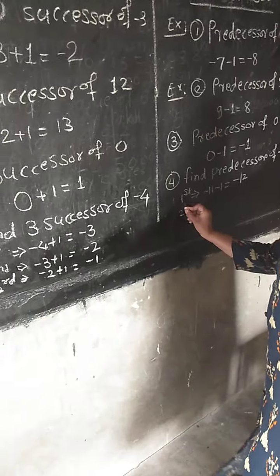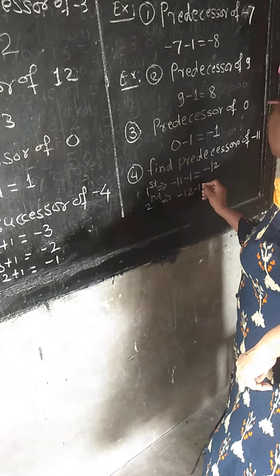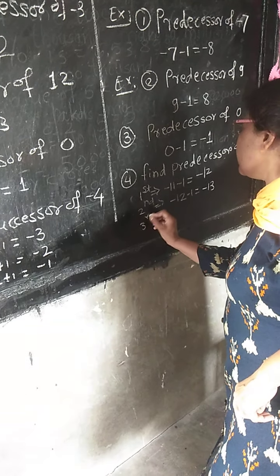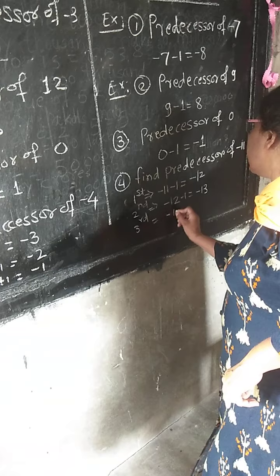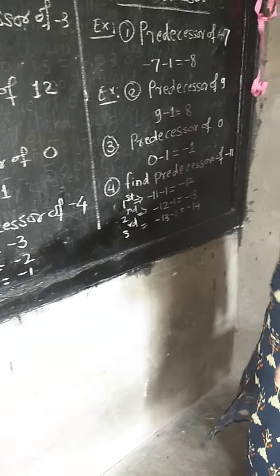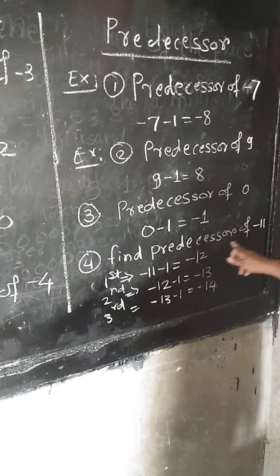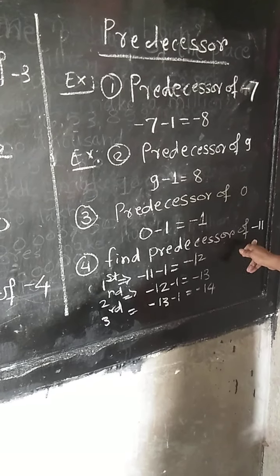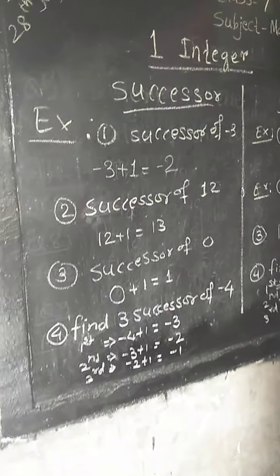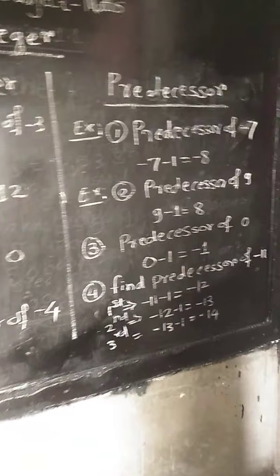Second predecessor is minus 12 minus 1, that is minus 13. And third predecessor is minus 13 minus 1, that is minus 14. Then minus 12, minus 13, minus 14 are the predecessors of minus 11. In this way, you know the successor and predecessor of given integers.